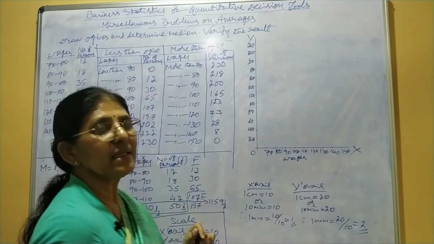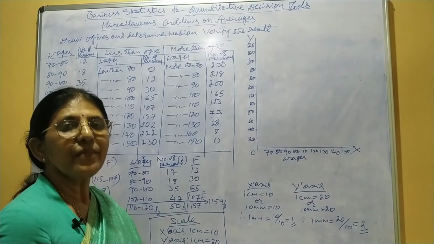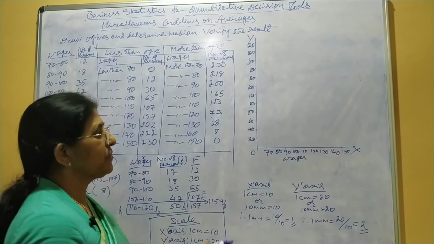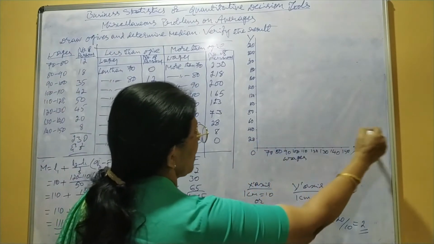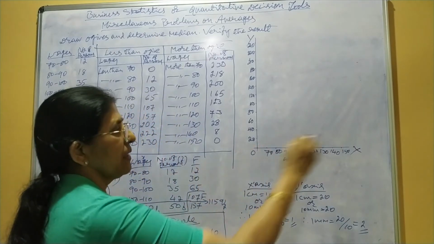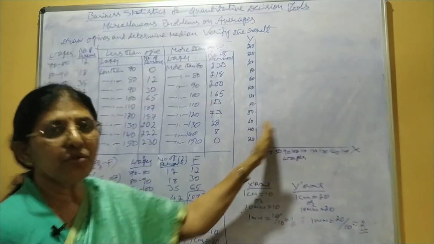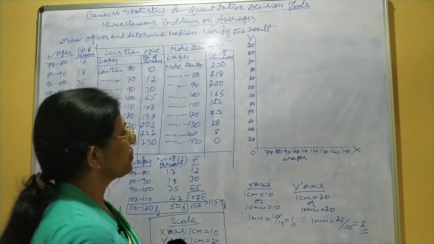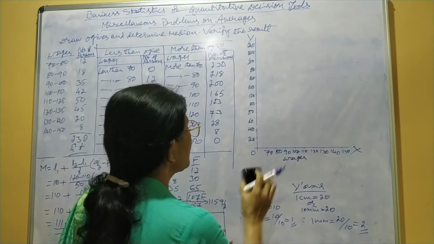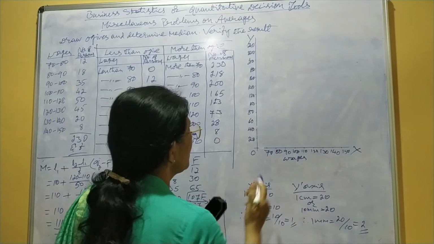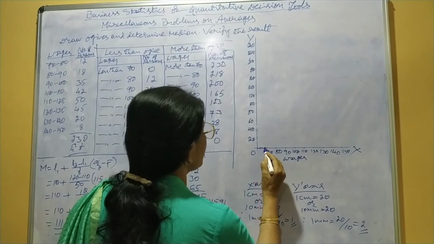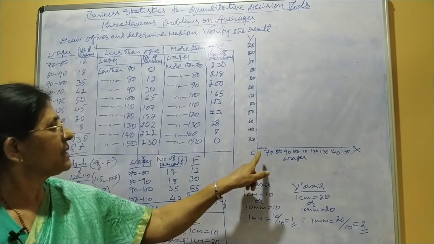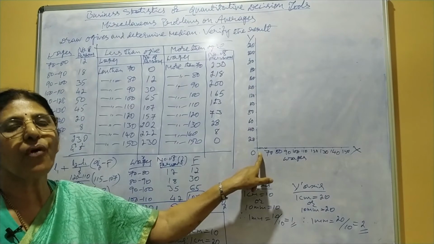Here, in this case, we say it is a false base. We may draw one horizontal line parallel to the x-axis. Otherwise, to save space, we may draw a zigzag line like that, which indicates it is a false base.